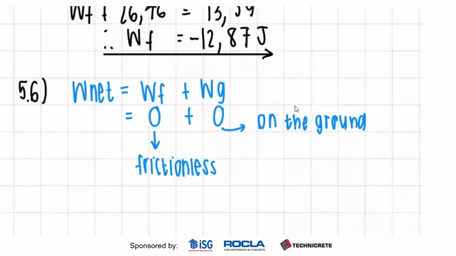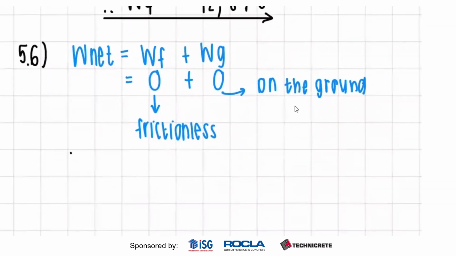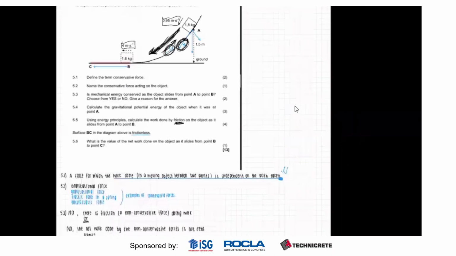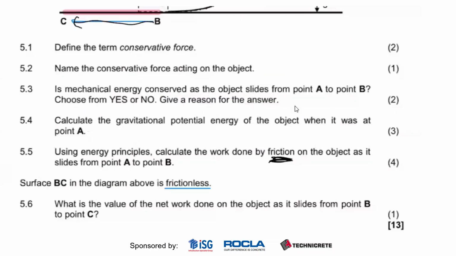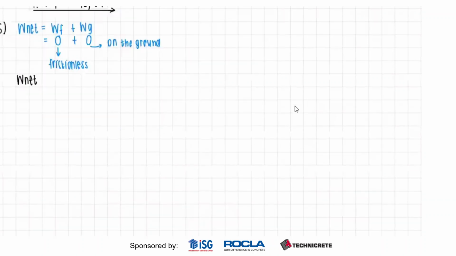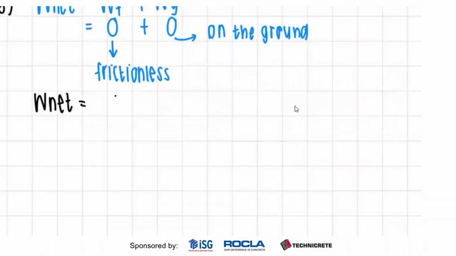So the net work when we are traveling from point B to point C is 0 joules, or you can say zero.